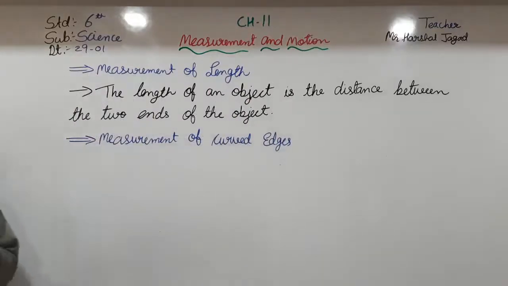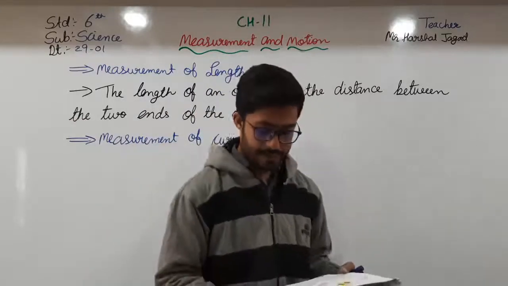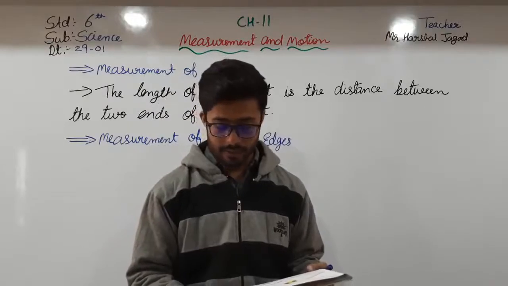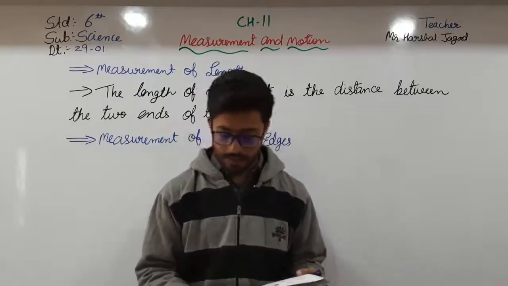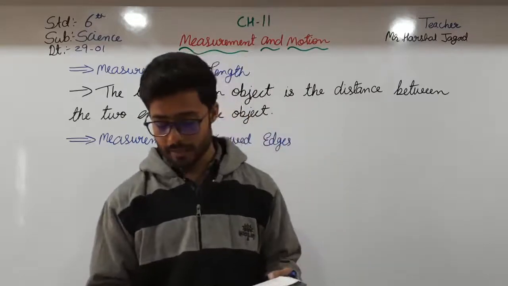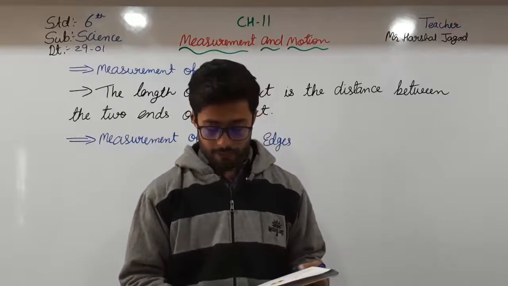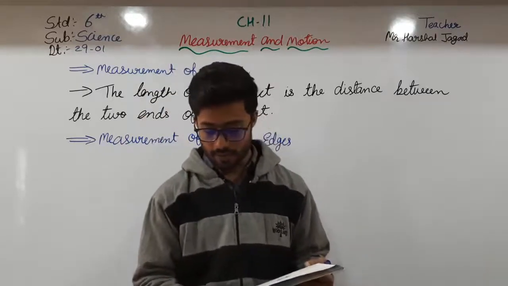To measure the length of some curved lines and edges, materials needed: a few objects with circular edges such as a round lunch box, a big leaf, a bangle, or a string, a ruler, a measuring tape, a sketch pen or a marker pen. Method: carefully place the string along the curved edge of the object.